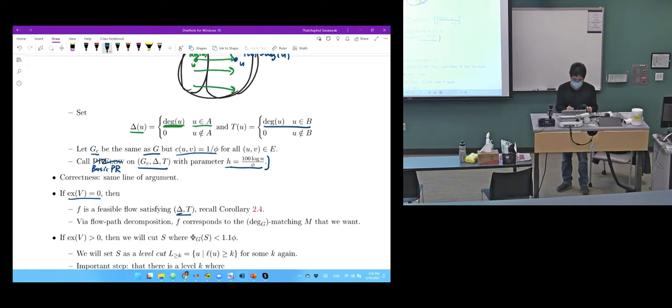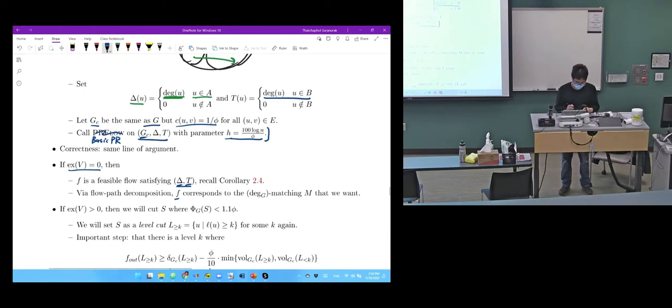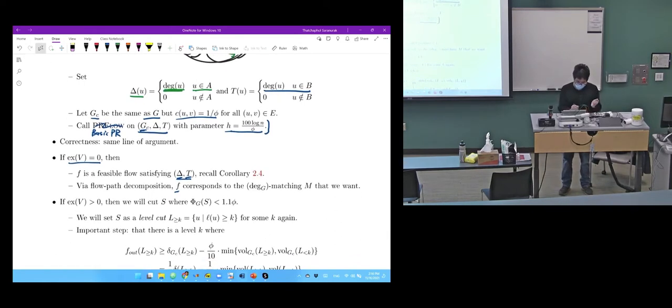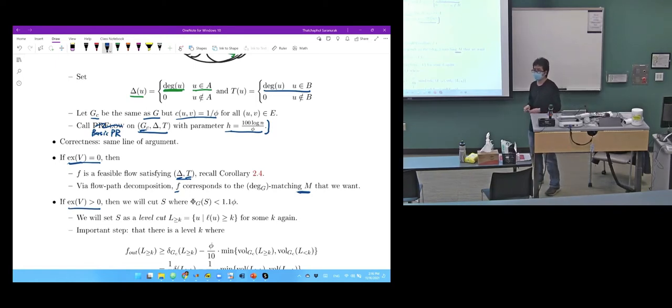But we just really define source and sink and the capacity in such a way that the flow itself is an embedding of M. Okay. So if we get no excess, then we get the matching M. Otherwise, if there is some excess, then we will try to construct a sparse cut.